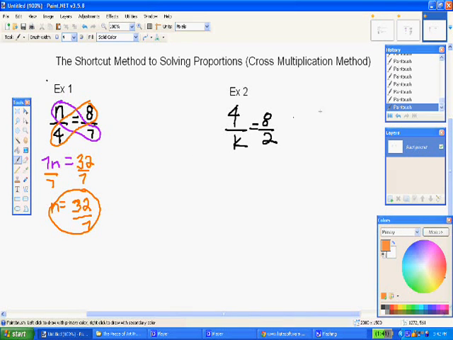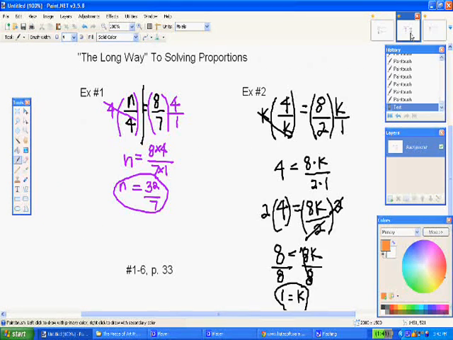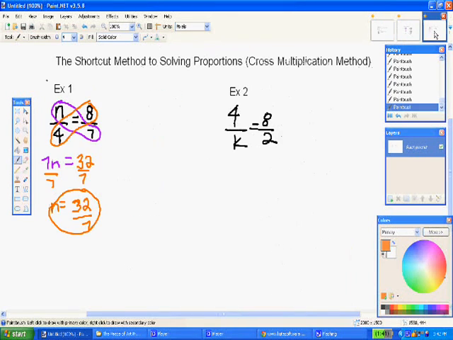And let's just check to see if that matches up with the long method. And yes, it does. Let's try cross multiplication with example number 2 as well. Again, you take the top numerator of the left side, you multiply it by the bottom denominator on the right side.